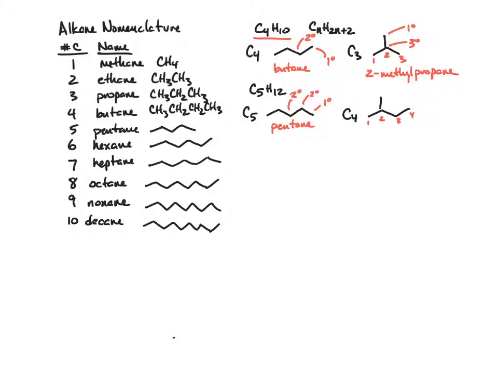So the longest carbon chain has 4, and at the 2 position we have a methyl, so we would name this 2-methylbutane. We have primary, secondary, and tertiary type hydrogens.